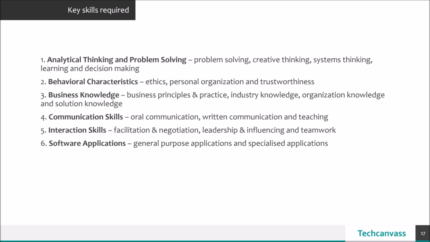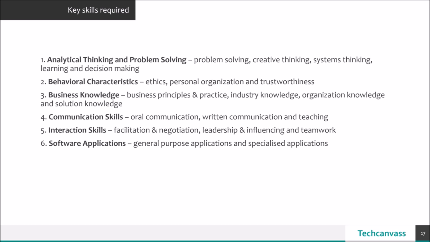Facilitation and negotiation become very important when you're trying for a sign off. When the client is not willing to sign off because he's not satisfied with the product or there is some delay at your end, you need to know how to negotiate, and how to motivate your team members in actually delivering the product.